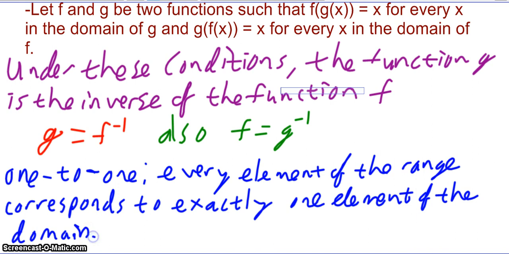This needs to happen in order for a function to have an inverse. If it does not, then we have to restrict that initial domain somehow.